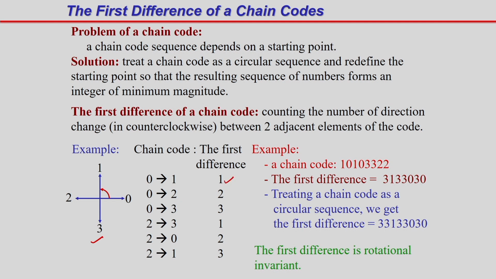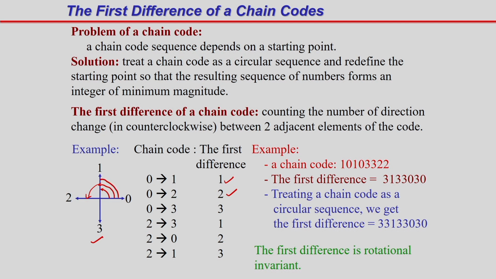So I have to see in the counterclockwise direction from 0 to 1; the first difference will be 1 because there is only one direction change. From 0 to 2, how many direction changes? The first one is 0 to 1 and after this from 1 to 2, that means 2 direction changes. That is the first difference. And again from 0 to 3, it should be in the anti-clockwise direction.